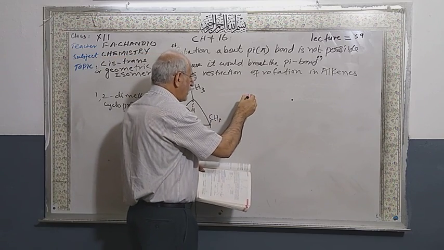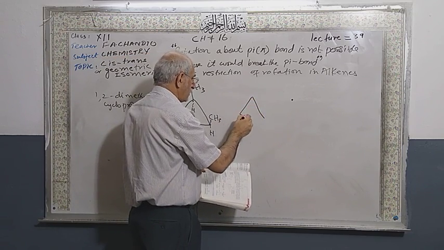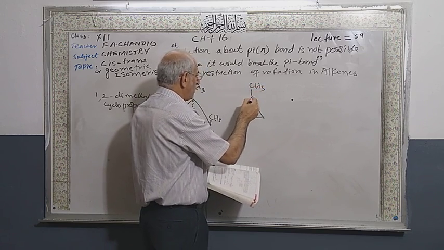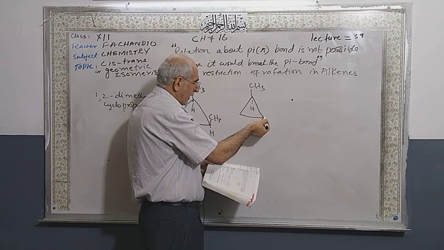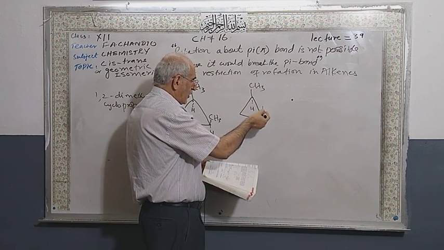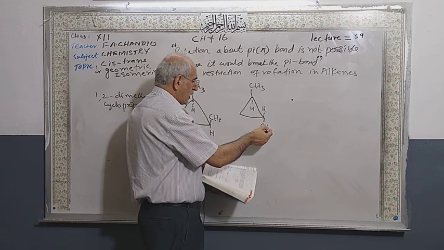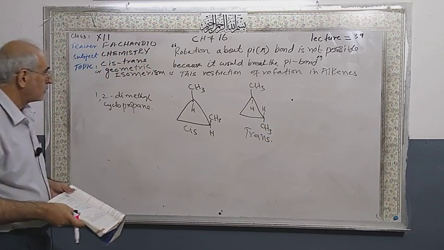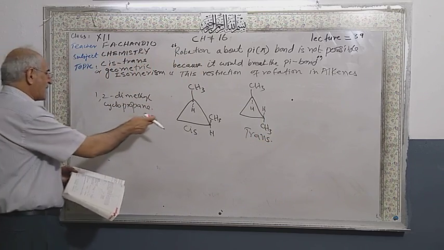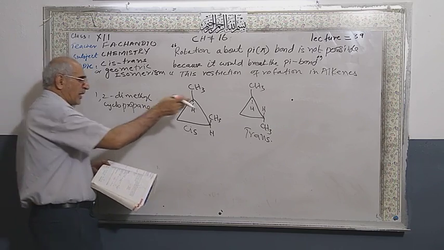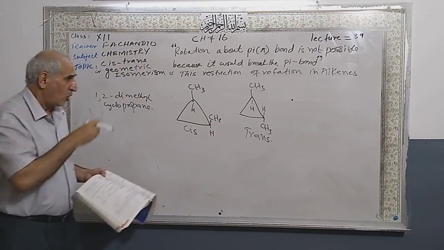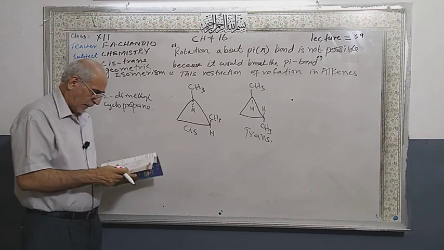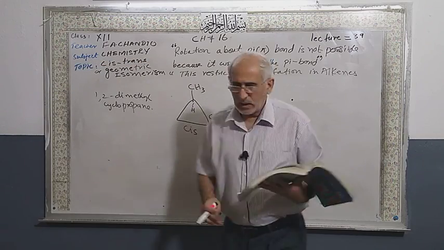And if you write it like this, with the same alkyl group and hydrogen, but in this case hydrogen is here and the alkyl group is here, this is called trans. So this is cis-1,2-dimethyl cyclopropane, and this is called trans-1,2-dimethyl cyclopropane.